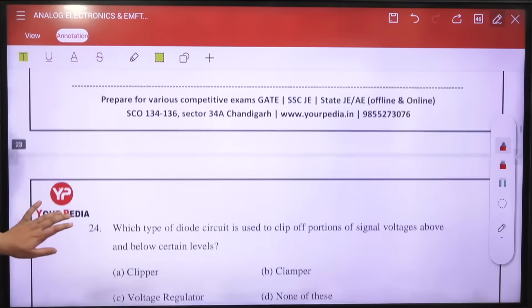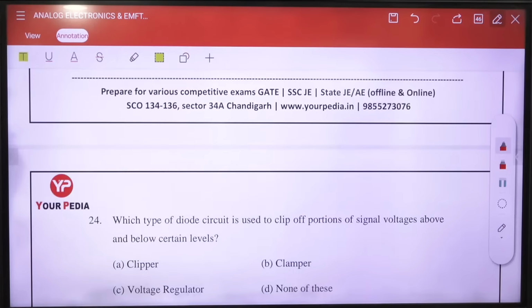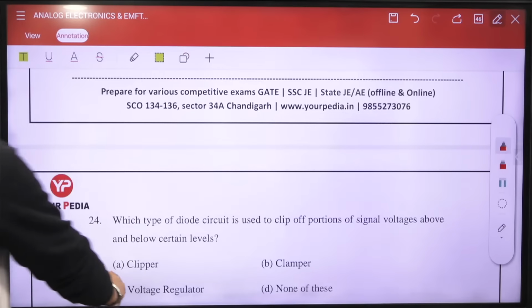Next. The type of diode circuit used to clip off a portion of signal voltage above and below a certain voltage. That is what? Yes, that is clipper. Very good.